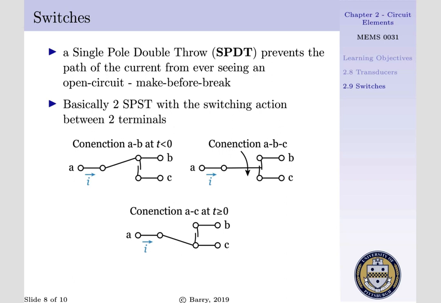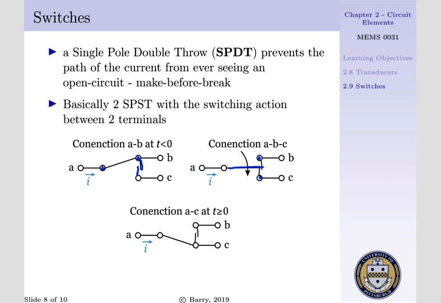Say we have terminal A, for which we have current flowing through, to terminal B, for time t is less than 0. Now we're going to designate a single pole double throw switch by putting little wipers on our terminals, such that when we activate the switch at time t is equal to 0, i.e. our switch is in between the terminals associated with A and B, it's making a connection between A and B and A and C simultaneously, such that our current value is never 0.